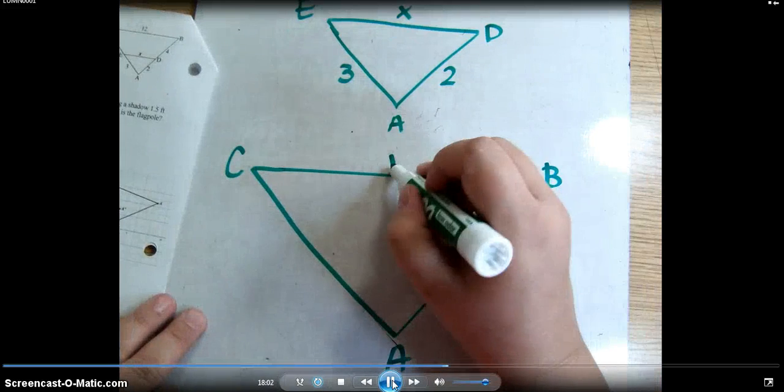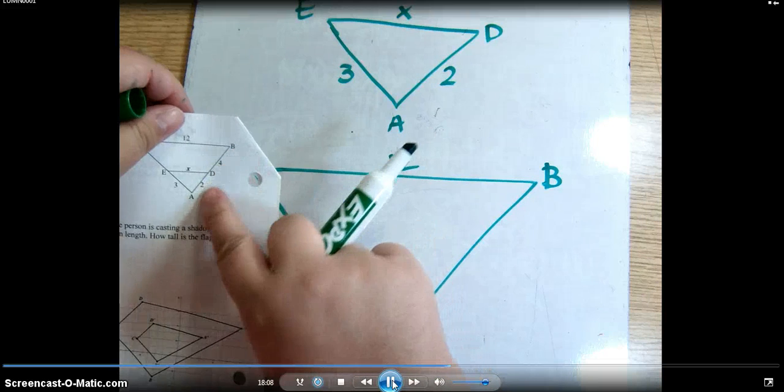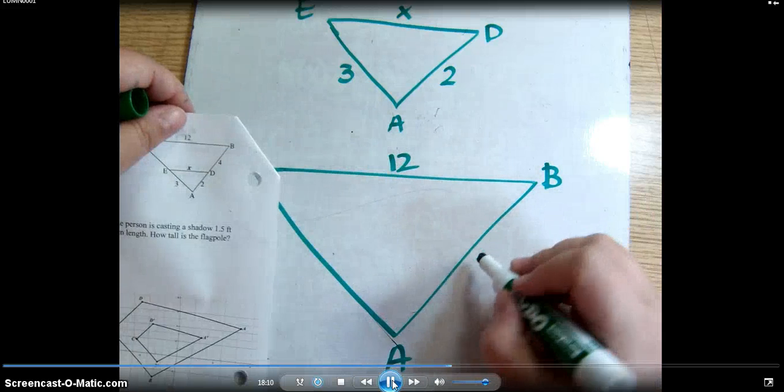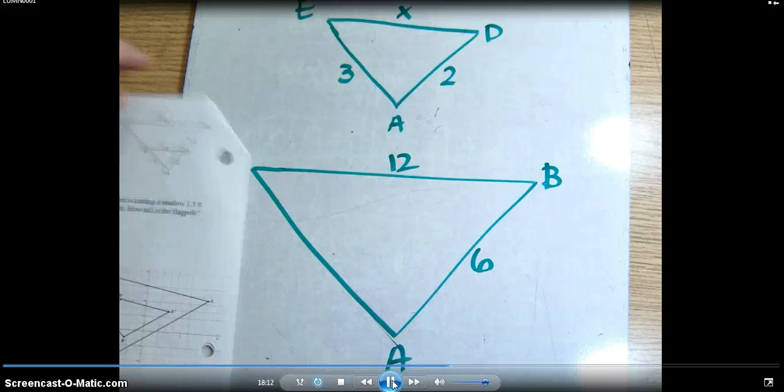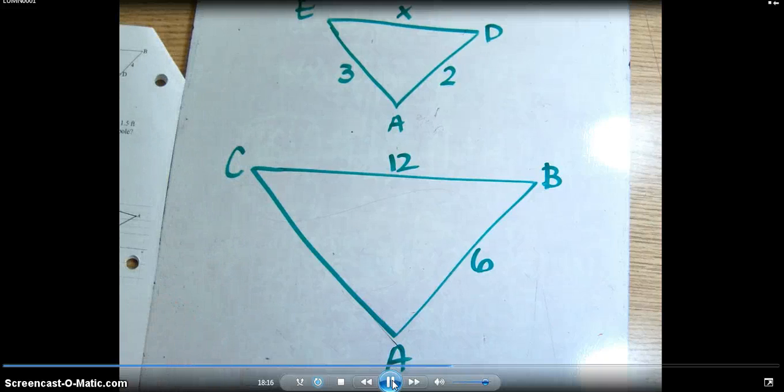This is 12. This side over here, from B to A, looking at the picture, is 4 plus 2. So that's 6. From C to A, we don't know because we don't know from C to E. That's okay because I have enough information to find out right now what x is.